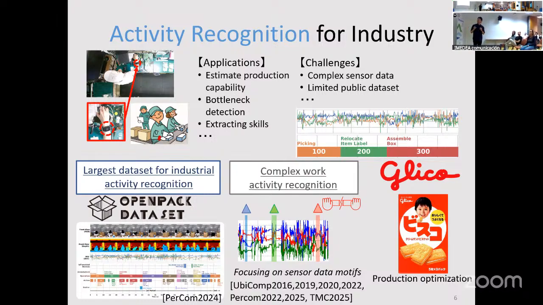There are some challenges in factory work activity recognition, such as complexity of data or limited public datasets. Because factories or companies do not want to disclose data, it is difficult to conduct research on such a topic.